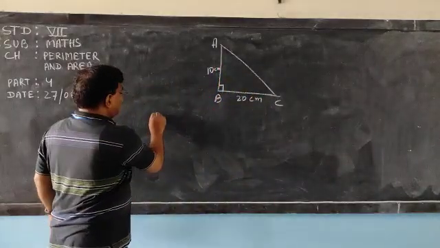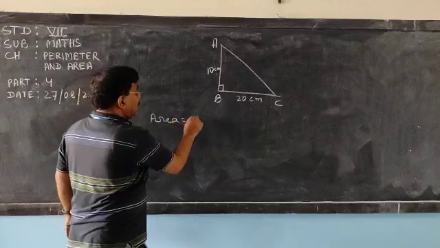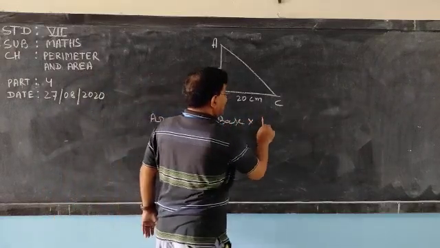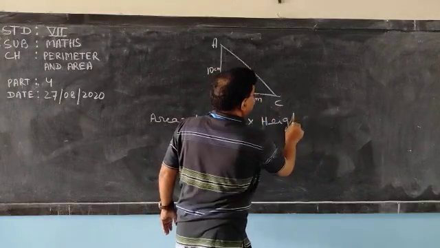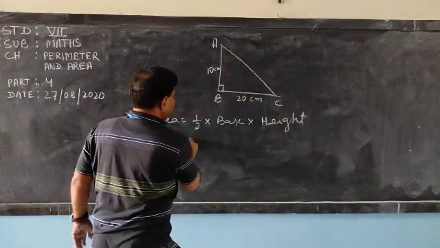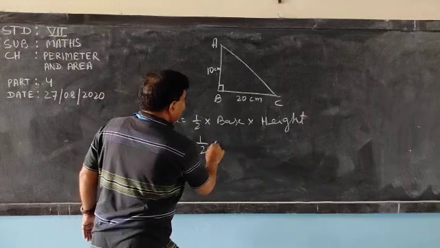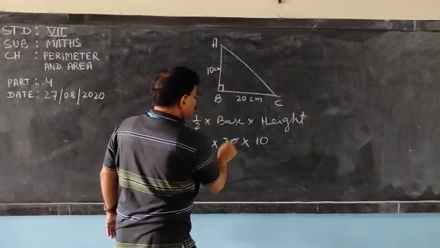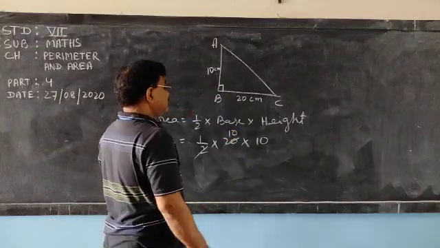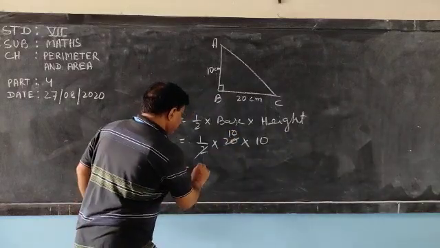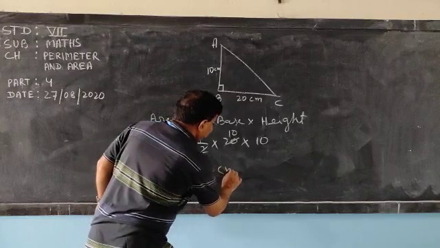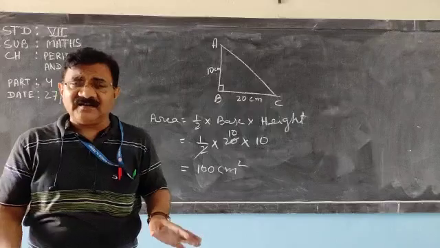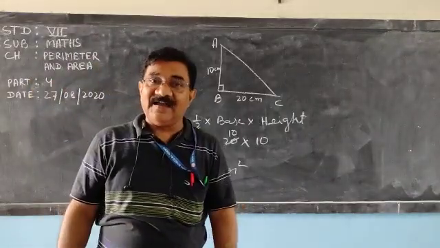So area will be equal to half into base into height, and the perpendicular is the height. So it will be half, base is 20 and height is 10. 2 tens are 20, 10 tens are 100 centimeter square. So if such a type of question is given, you can easily find it.